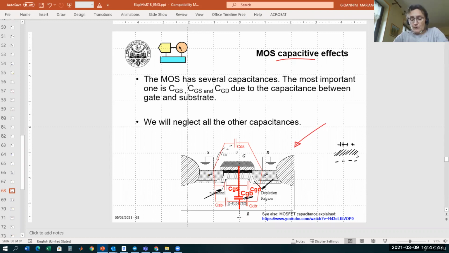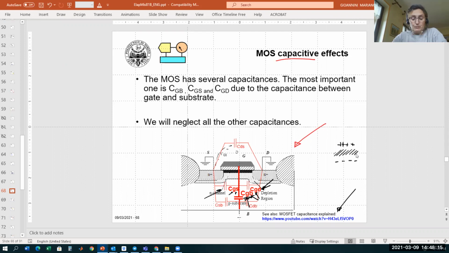They stand for capacitance between gate and source, capacitance between gate and bulk or substrate, and capacitance between gate and drain. For those who are interested, there's a very nice video that explains the physical origin of these various capacitances.